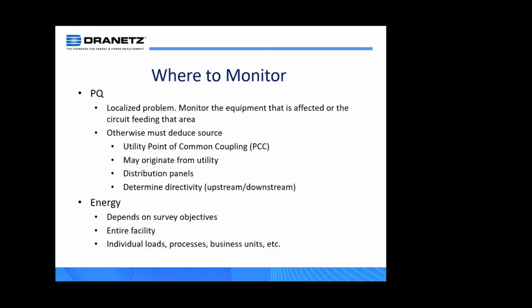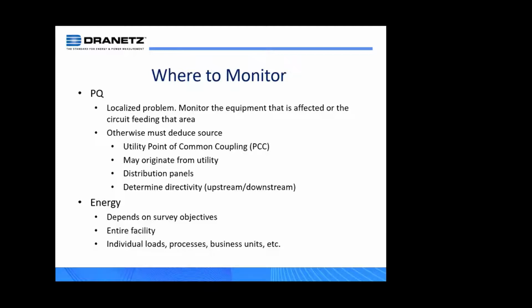A lot of times you may decide to monitor at the point of common coupling. That's where the customer meets the utility. That reveals a lot of information. For example, if it's energy, then obviously you're reflecting what the total building is doing because you're monitoring at the point of common coupling.